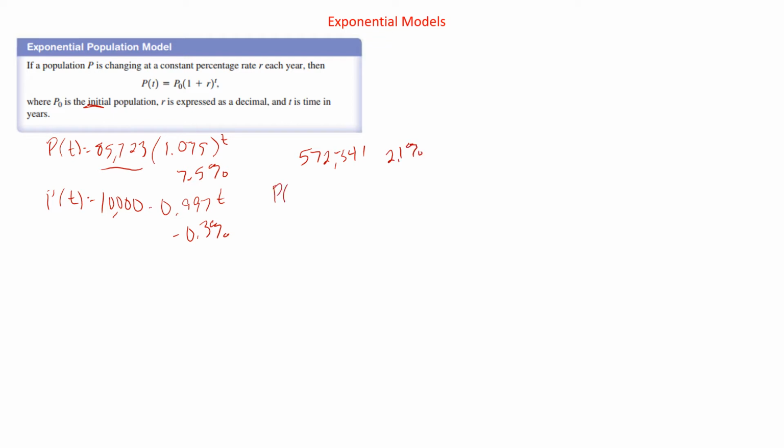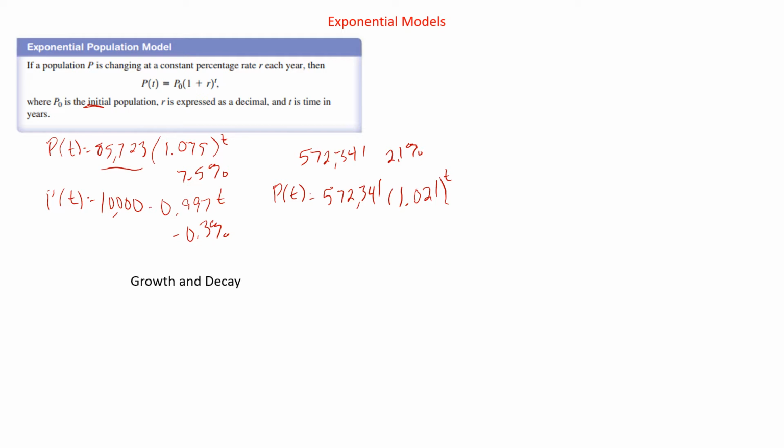That's just P of t equals this population, 57,572,341, times 2.1% is 0.021, so that'll be 1.021 to the t. So we can look at the equations and just pull out those values that are important, that initial value and the rate of growth or decay.